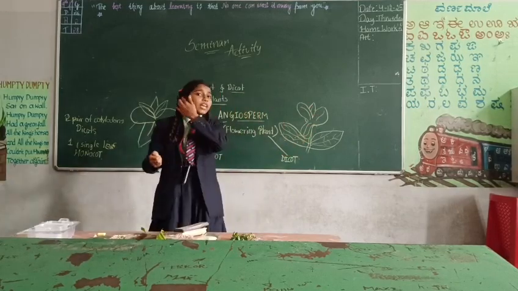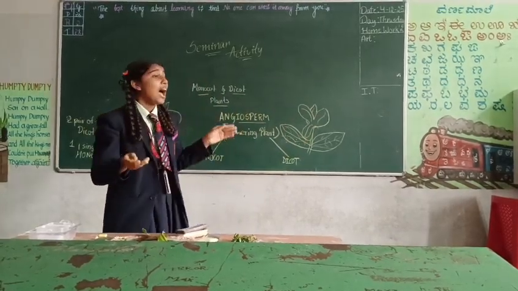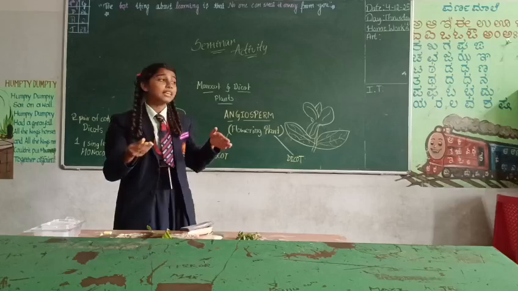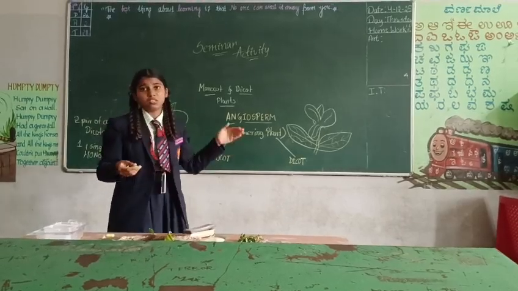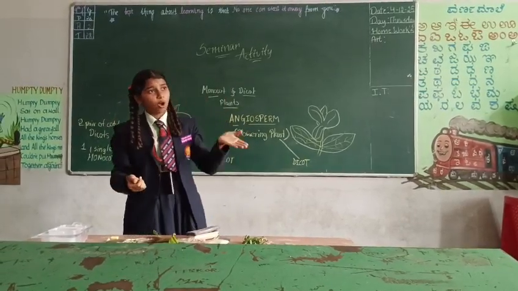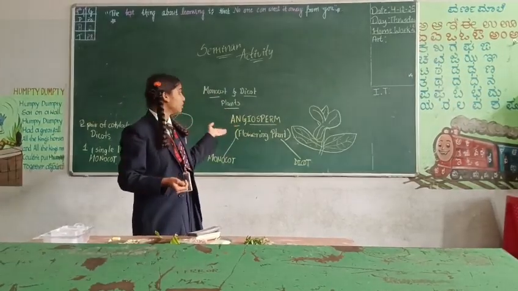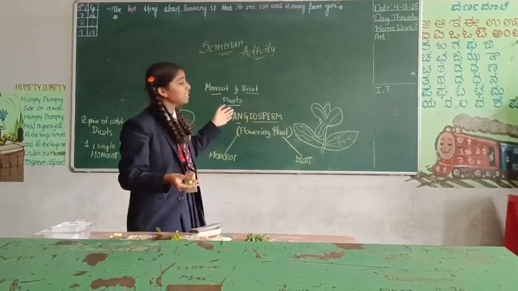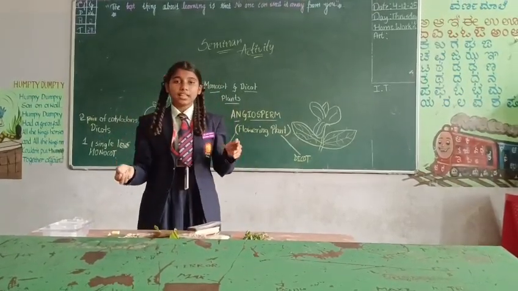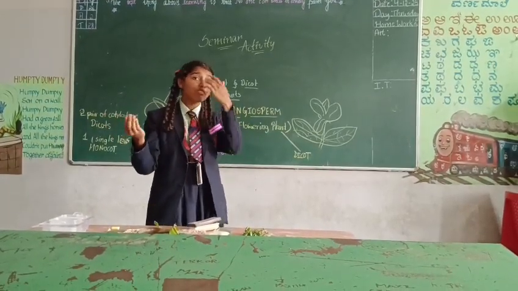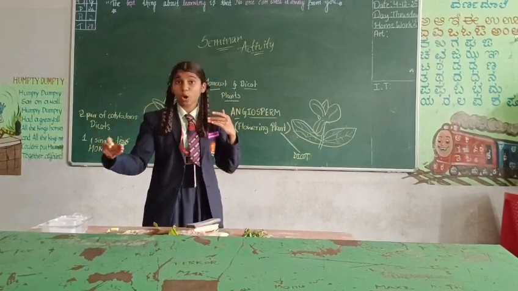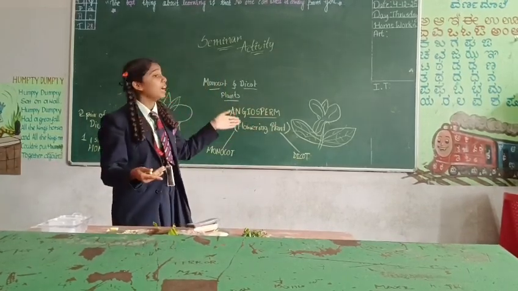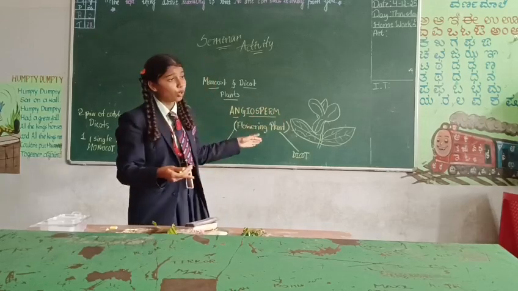If they have three petals or multiples of three, then it is known as a monocot flower. And if the flowers have four or five petals or multiples of them, then you can tell that the flower belongs to the dicot group.